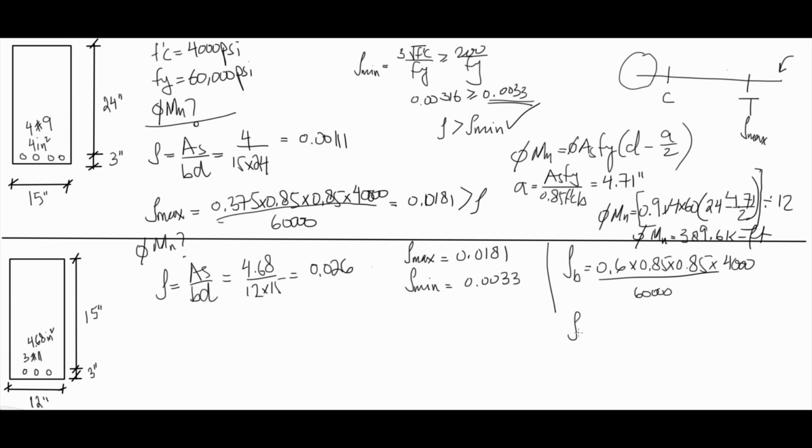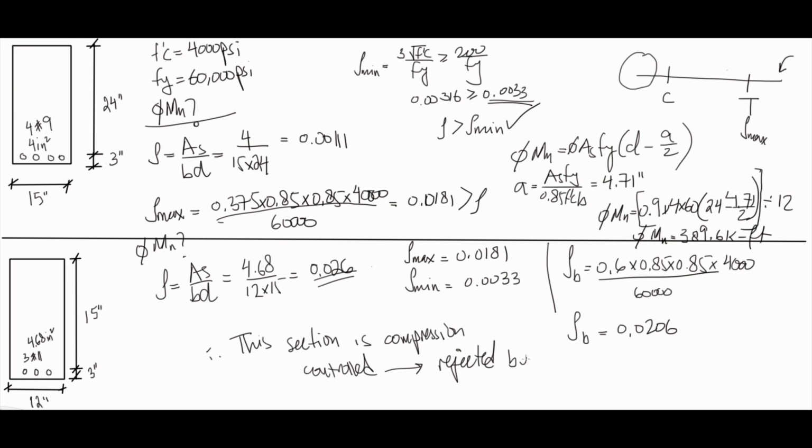And this will give me rho balanced of 0.0206. Rho is even greater than rho balanced, guys. That means this section is compression controlled. And I mean by that, it is good for columns, not for beams. So it's rejected by the ACI code.